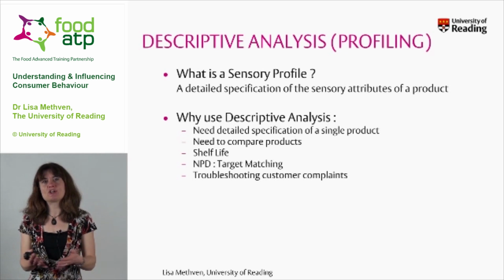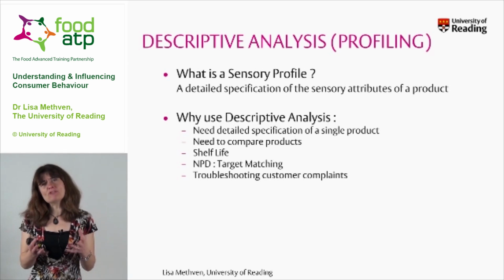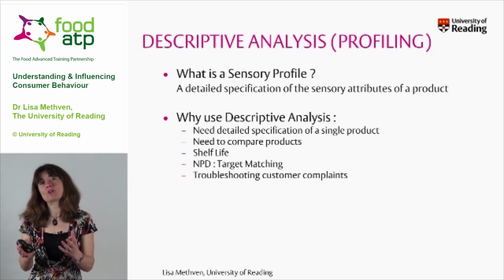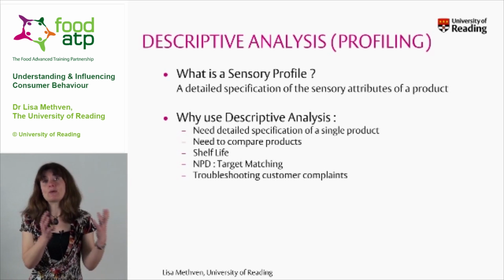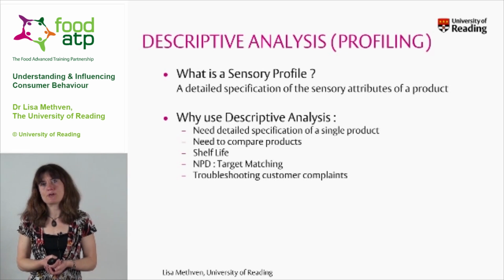Now a nutritional specification and quality parameters like water, colour, that sort of thing, they're not really going to tell you what the sensory perception of the product is going to be, and therefore the retailer might say to you they want a sensory specification of the product, and that's where you'd have to use profiling.